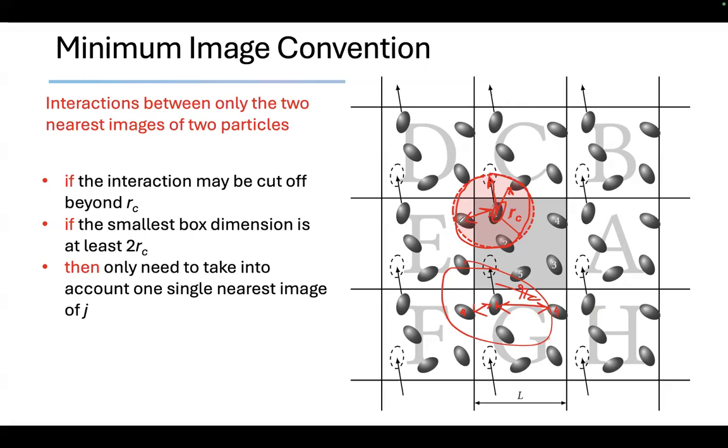Once you know the minimum distance between the two, you pick only that distance for calculating the interaction between the molecules. And then you only need to account for one single nearest image of the molecules in question. So here it's 1 and 4.